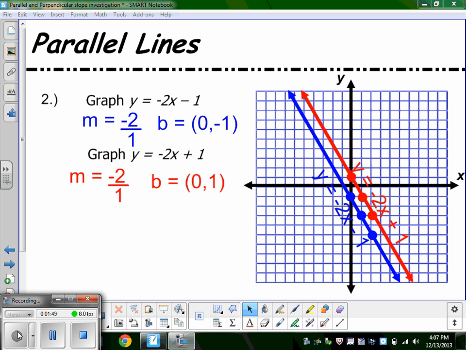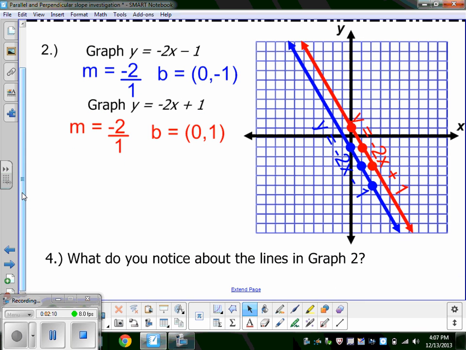What do you notice? You should be able to see that these two lines also follow the same angle, and neither of them will intersect with each other. Once again, using our vocabulary, we know that these two lines are parallel.